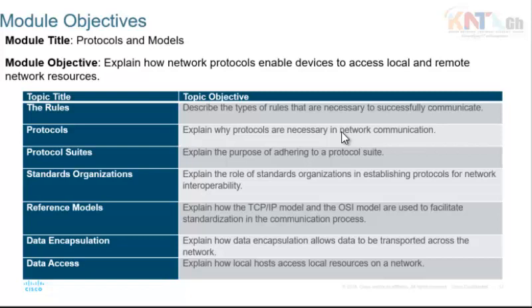Then we go on to look at data encapsulation, which will explain how data encapsulation allows data to be transported across the network. Then finally, we will explain how local hosts access local resources on a network.